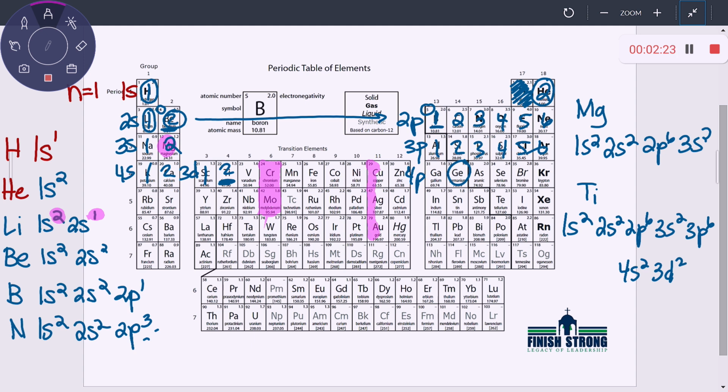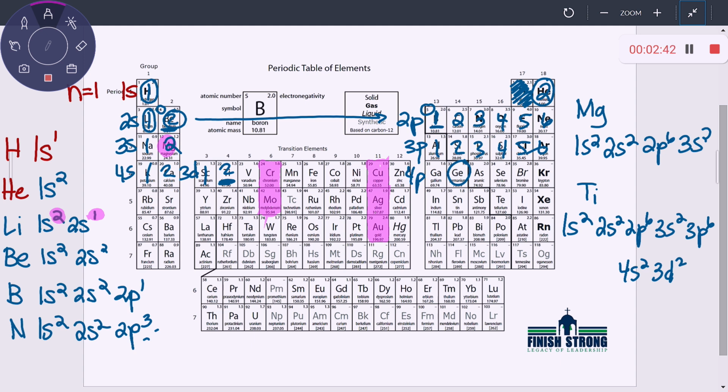These are the ones that your book mentions as being anomalous electron configurations. That means they don't follow the format that we are used to writing, but it's really easy to come up with what happens there.